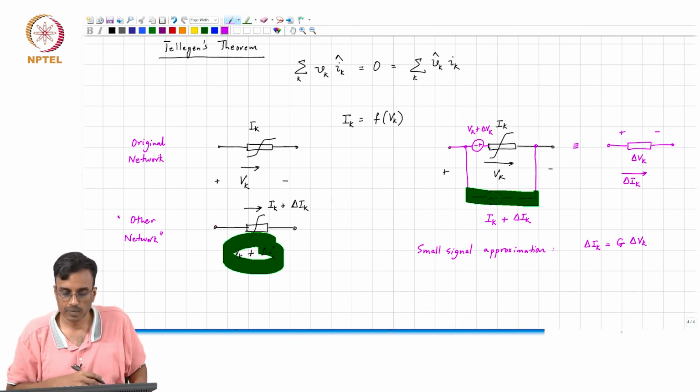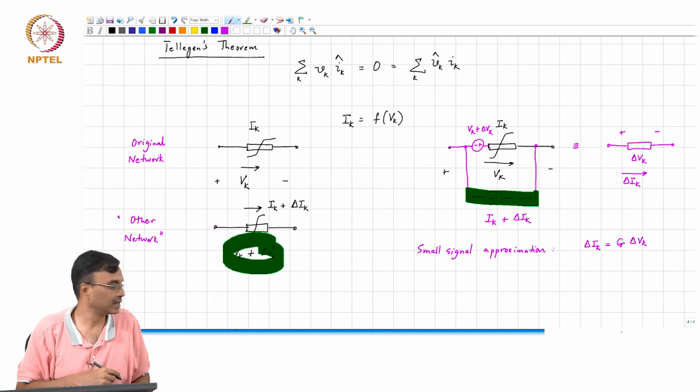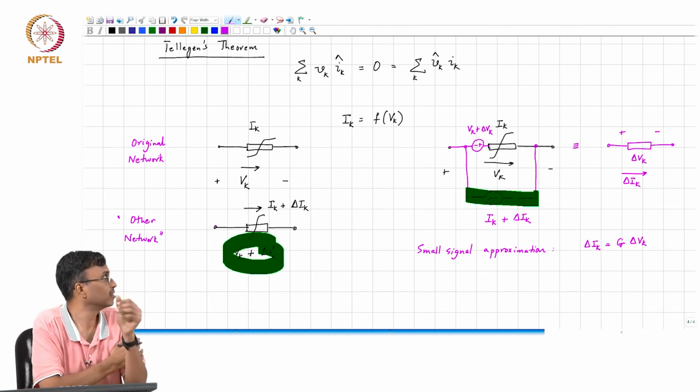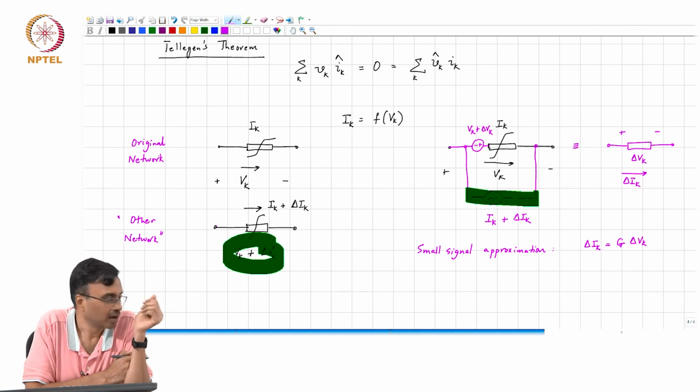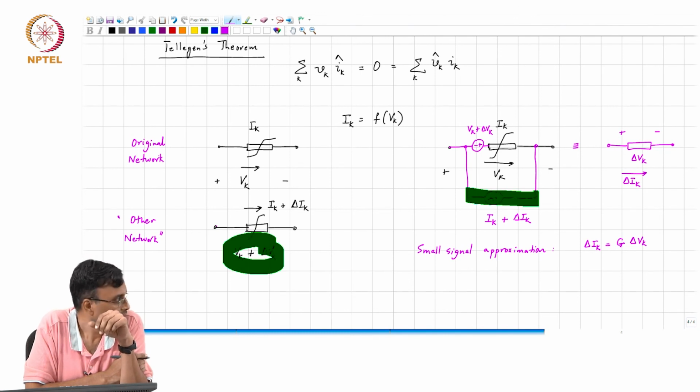So you can see that the constructs that we used to derive Tellegen's theorem in an alternative way also throw light on why the small signal approximation is grounded in firm principles.